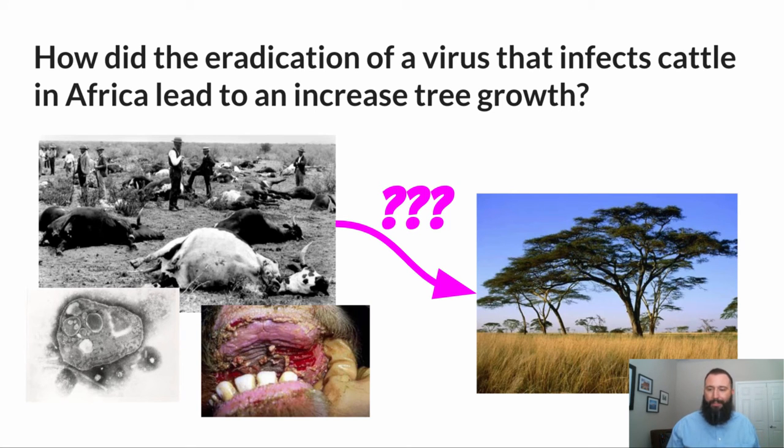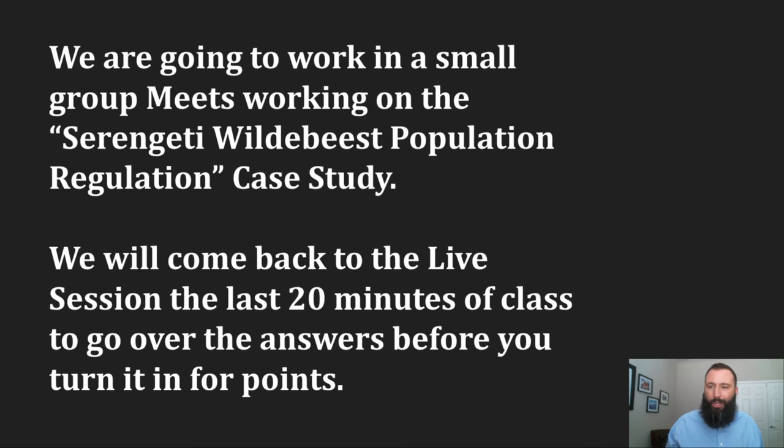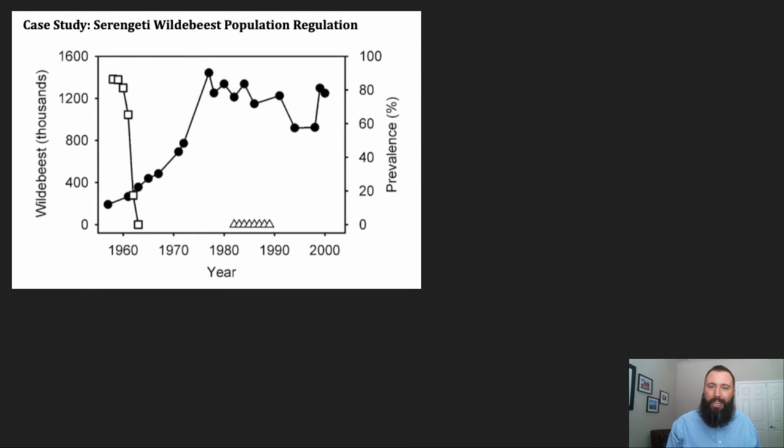You're going to look at some graphs. In fact, the graph is going to look like this. When you get into the case study under Canvas, under day 7, I want you to really look at both of the y-axes, right? Notice that the prevalence of rinderpest in the wildebeest population is going to be the scale on the right side of our graph, and the wildebeest population themselves in thousands will be on the left y-axis over here.